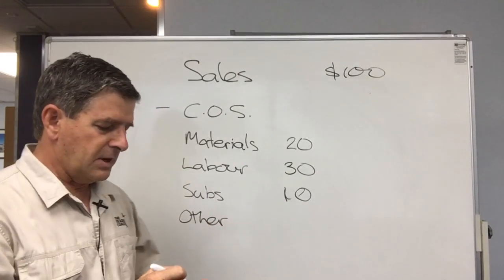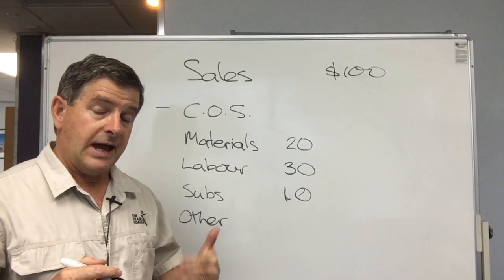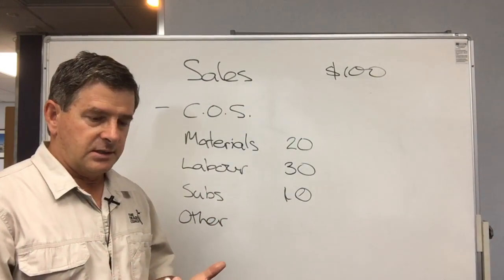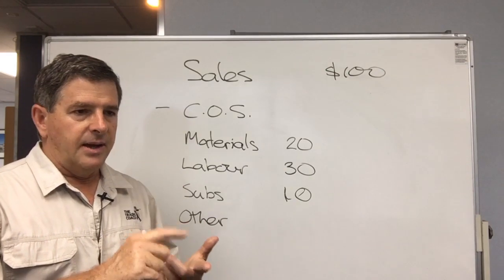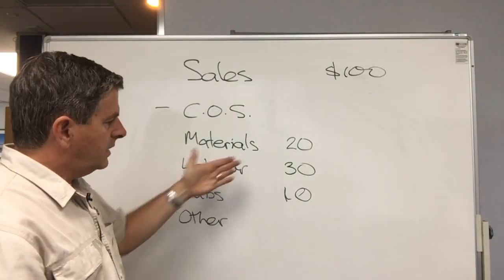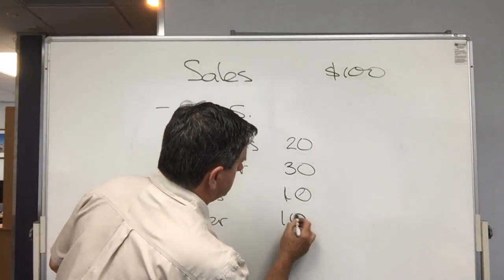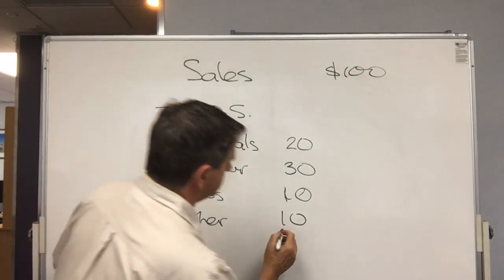And then there are going to be some other direct costs, which again are very infrequently reported at this sort of level. But if you've allowed for things like rubbish collection, equipment hire and all that sort of stuff that have gone directly into the job, they should really be reported back at this level. So in our little business, we've got another $10 worth of those.